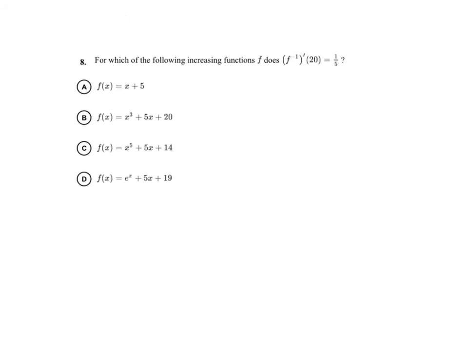Okay, number 8, which of the following increasing functions f does the derivative of the inverse at 20 equal 1/5?